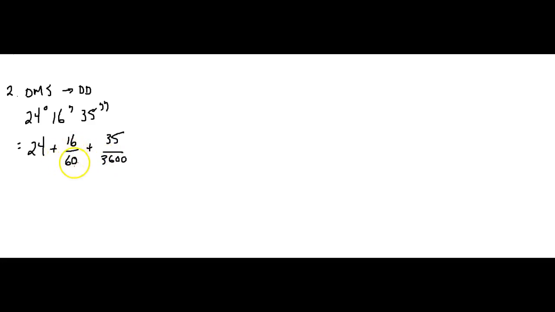When I convert these two fractions into a decimal and add them up, how do we do that? Convert fractions to decimal, we just divide. So do the division and add the decimal parts.